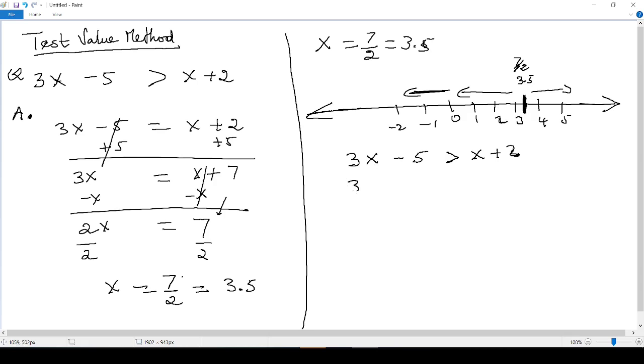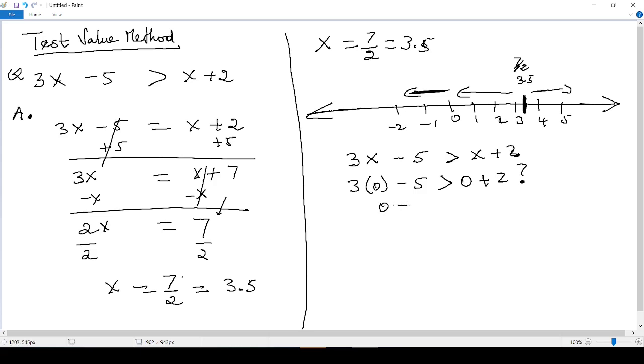So 3 times 0 minus 5, is it greater than x plus 2? You can add a question mark here because it is not an affirmation, it is a testing. 3 times 0 is 0, right?